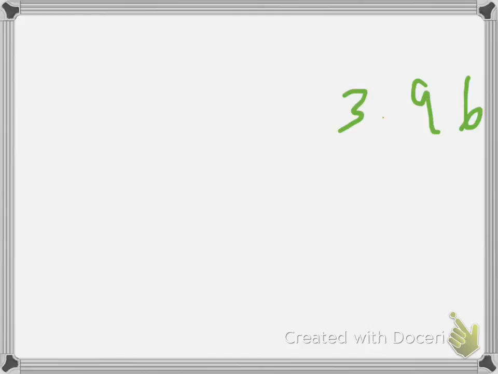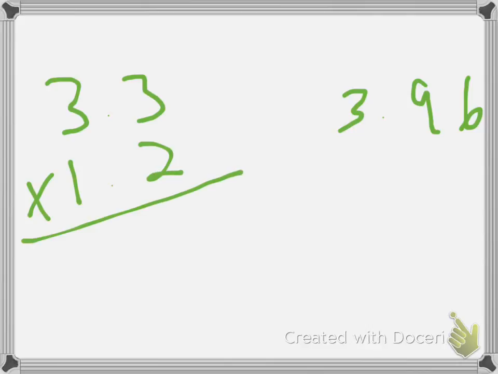So boys and girls, I'm going to check my work by doing the standard algorithm. Let's do 3 and 3/10 times 1 and 2/10. Okay, one step at a time. I don't have to line up my decimal, but I just want to line up my numbers. 3 times 2 is 6. 3 times 2 is 6.